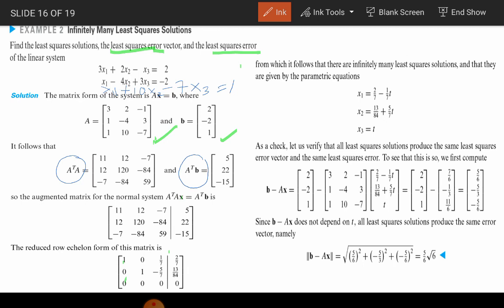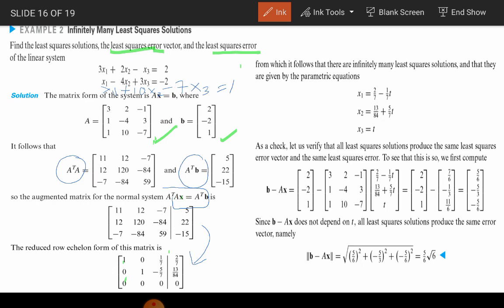Then when you have the value of A transpose A, find the augmented matrix of the normal system. Then you use the row echelon form for this matrix. I will not show it here because you have studied the row echelon form.